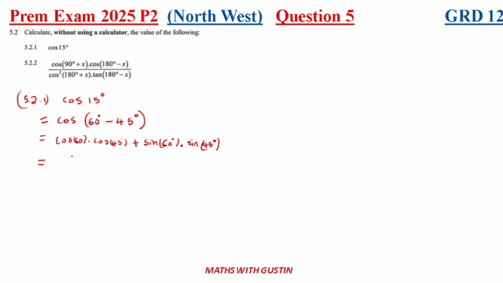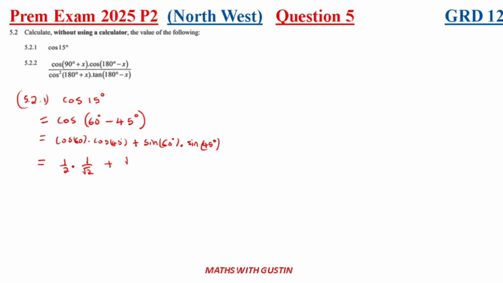So now let's have a look at cos 60. Cos 60 is half, and then cos 45, if you use a calculator, it will give you square root of 2 over 2, but they want us to write it like that. I think most of us are familiar with this by now.